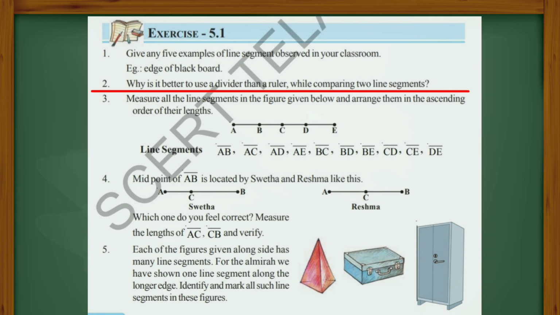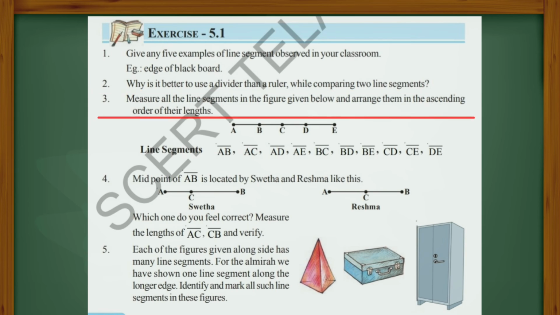Okay, children. Now, the second problem is, why is it better to use a divider than a ruler while comparing two line segments? Children, we discussed this while comparing the EF and GH line segments with the help of the divider. Write that reason as the answer. Now coming to the third problem.